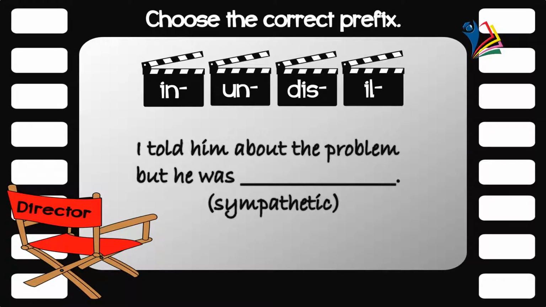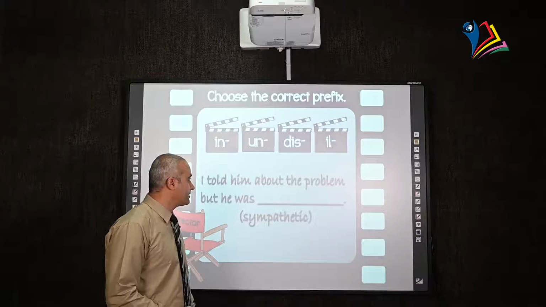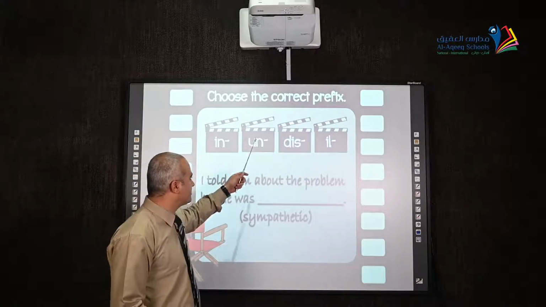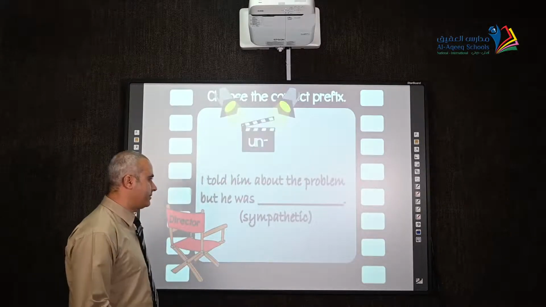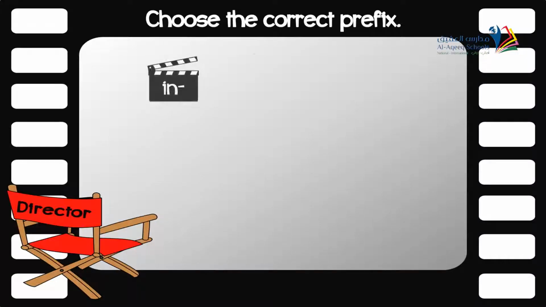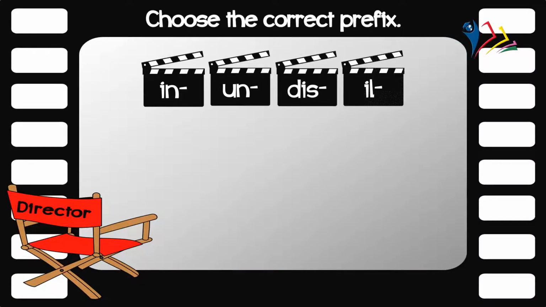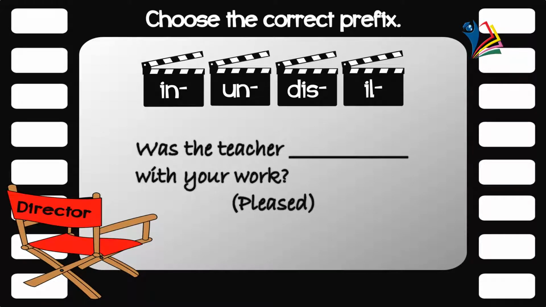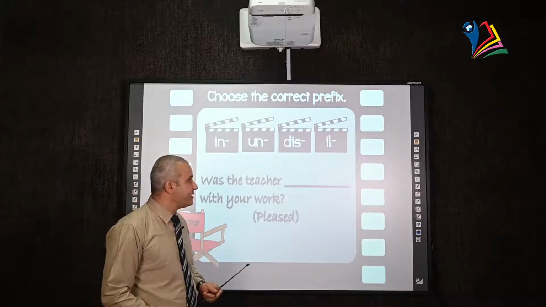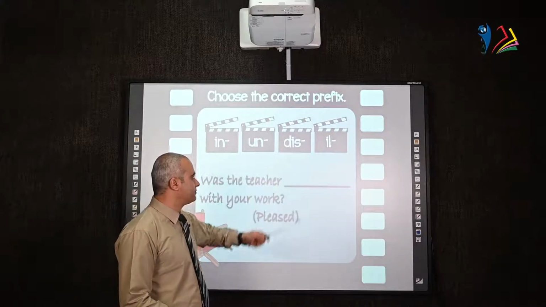I told him about the problem, but he was unsympathetic. Sympathetic, the most appropriate or the correct prefix is un. Unsympathetic. Okay. After that, in, un, dis, il. Was the teacher pleased with your work? Pleased, the appropriate negative prefix here is dis. Displeased.